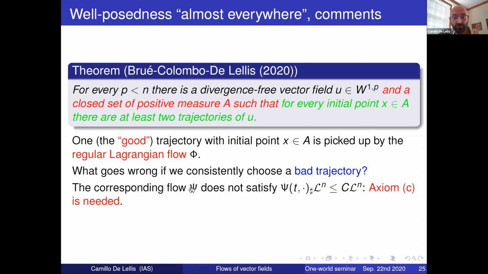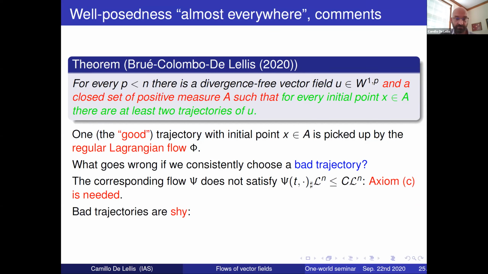If you take a flow for our particular example, which consistently chooses the bad trajectories on the points x which belong to our bad set A, then this flow will not satisfy the almost compressibility condition over there. Okay, so that axiom is actually needed.